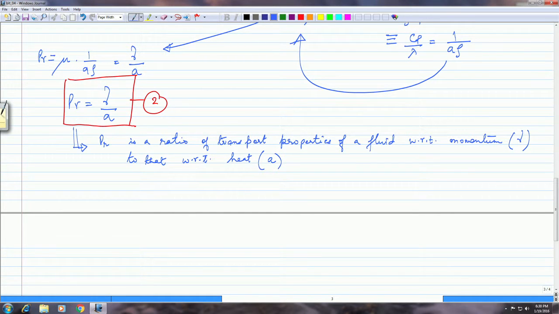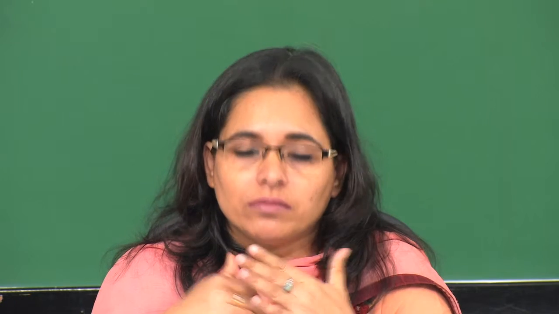So basically we are saying that if there is a momentum transport, we've talked about this earlier. We have a velocity profile across the boundary layer, we have a momentum transport across the boundary layer, and that is because of the existence of viscosity, right?